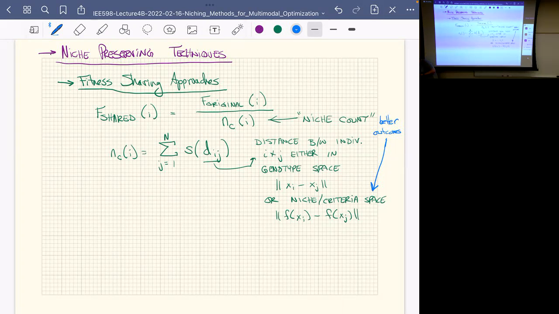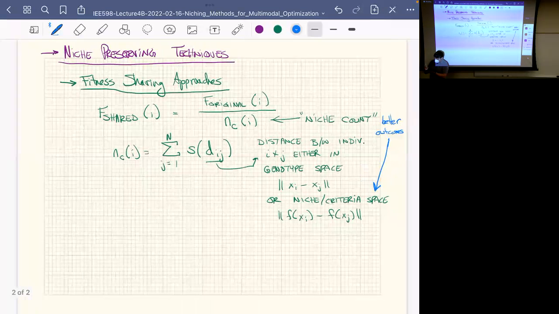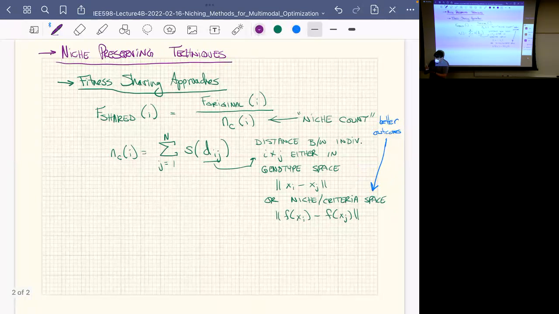Now, this S here, this function, maybe I'll put it in a different color.